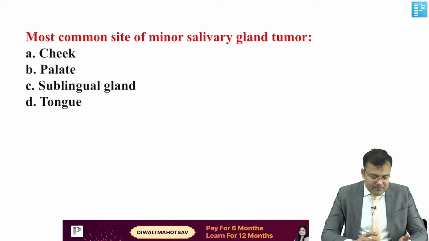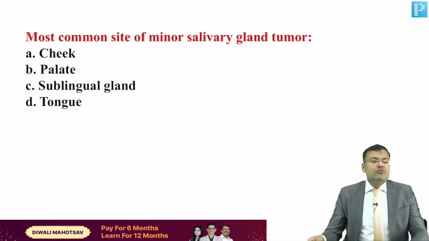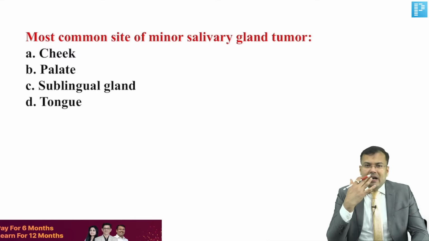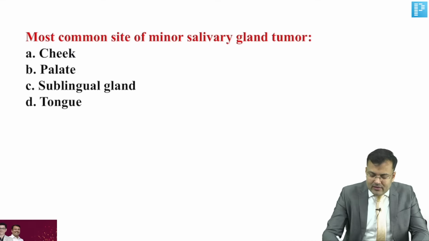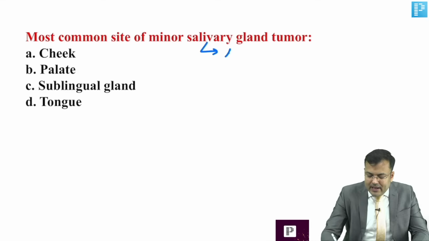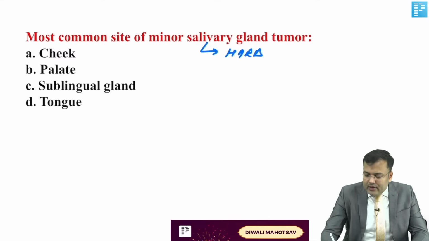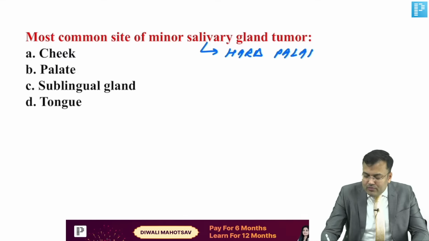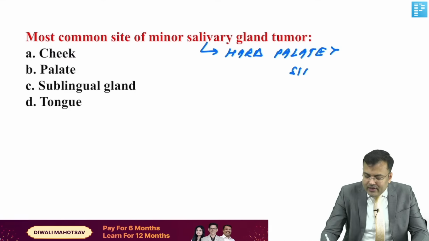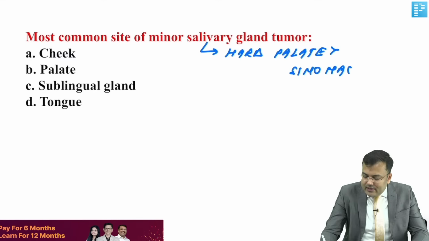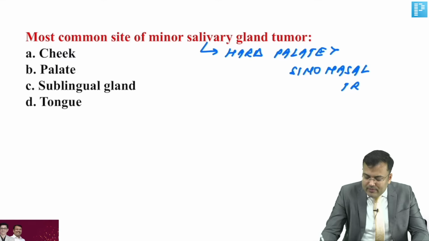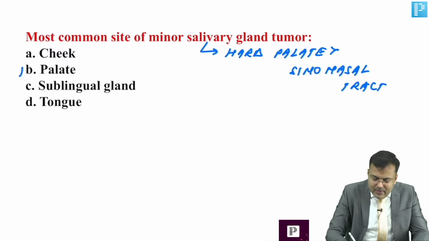Anush Sharma, MBBS. Guys, what is the most common site of minor salivary gland? It's hard palate followed by sinonasal tract. So, it is palate.